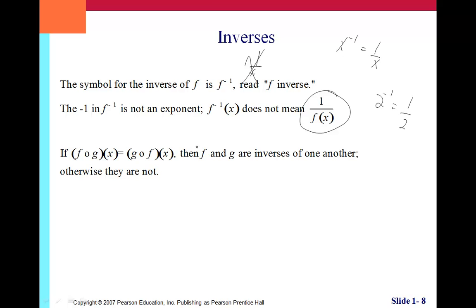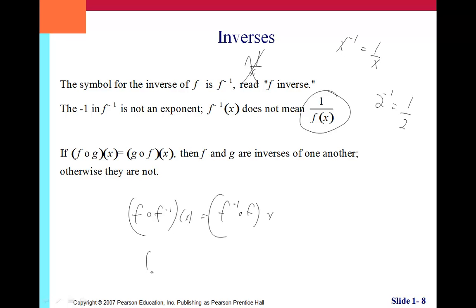Composition functions: if you take f of g of x, that's going to be the same thing as g of f of x if f and g are inverses of each other. So if you want to see it another way, instead of writing f of g, I'm going to write f of f inverse. So f of f inverse of x is the same thing as f inverse composed with f of x.